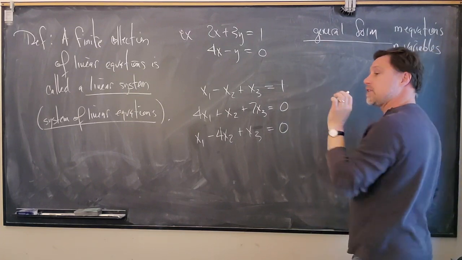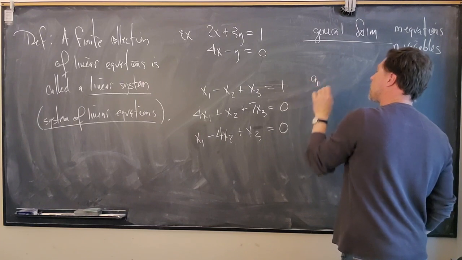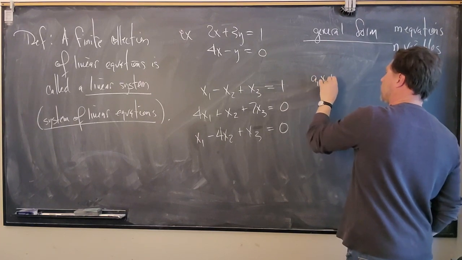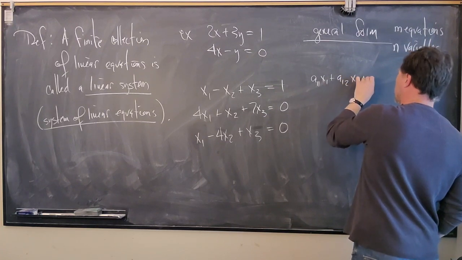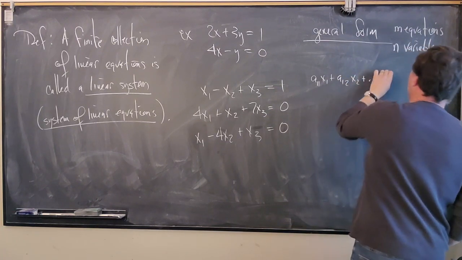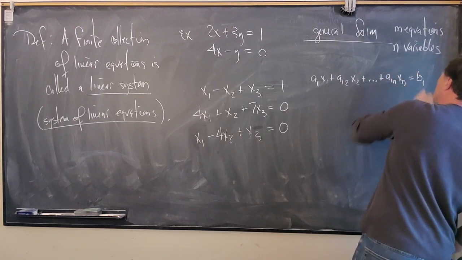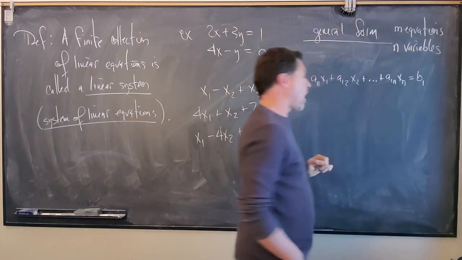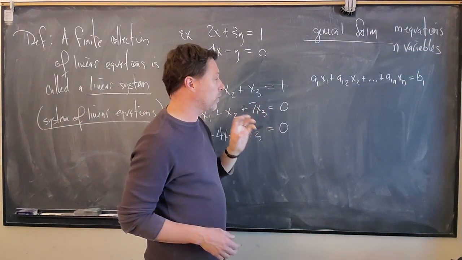Now I'm going to need to use double subscripts for my coefficients. So my first equation, a11 x1 plus a12 x2 plus dot dot dot plus a1n xn equals b1. Now I'm using double subscripts, right? I'm about to write some more equations down, but what's going on here?